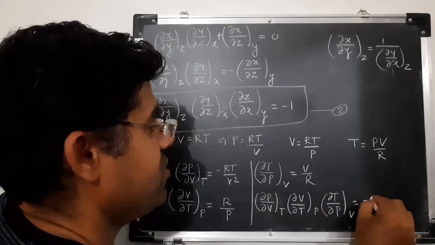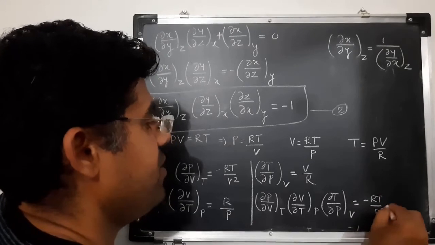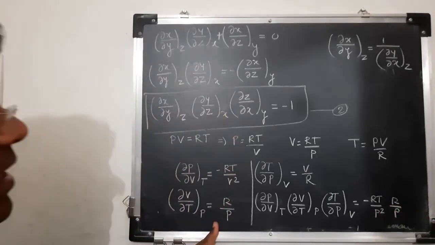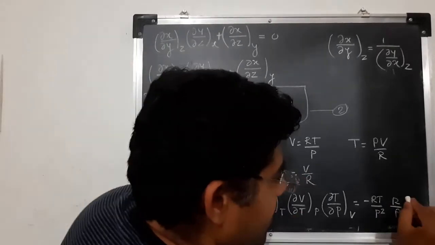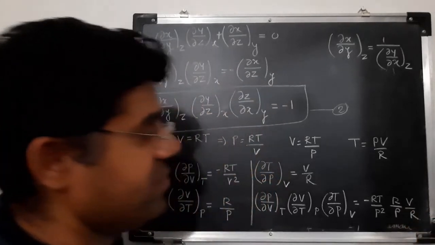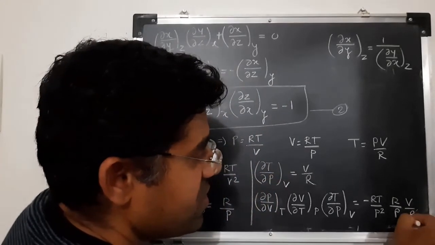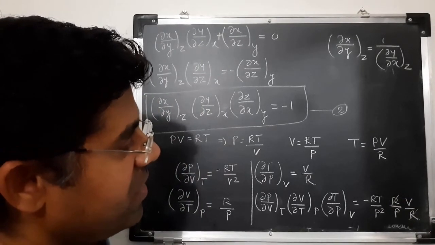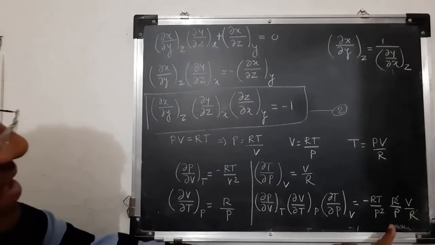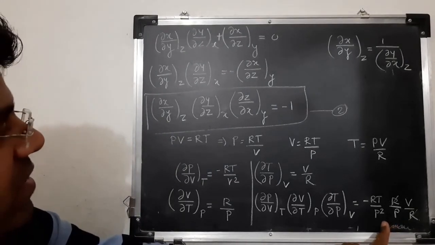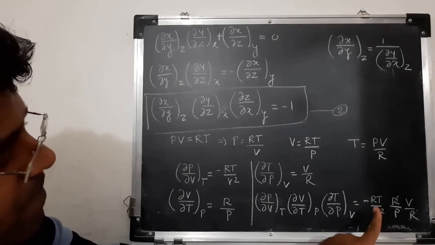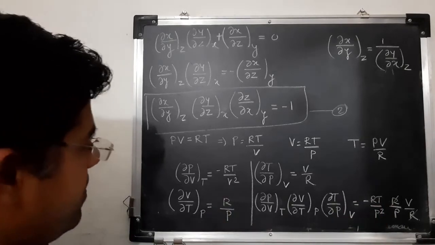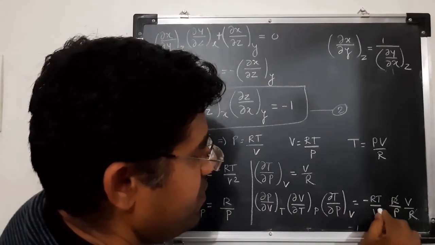So this is minus RT divided by P square, into R divided by P, into V divided by R. So this R and R get cancelled. Now here I will get minus RT divided by, here is V square.